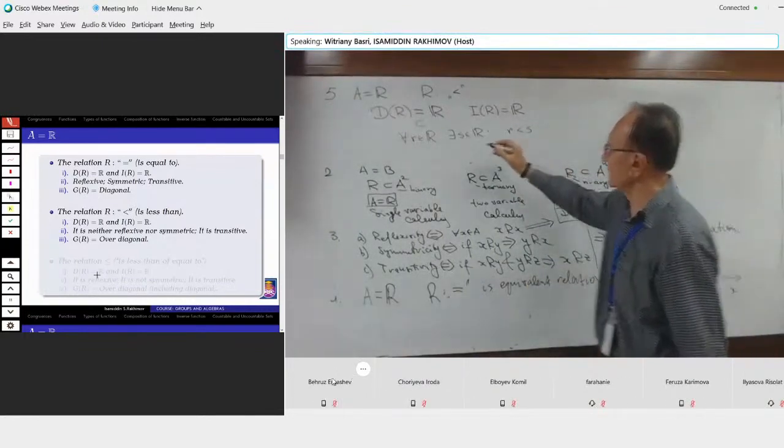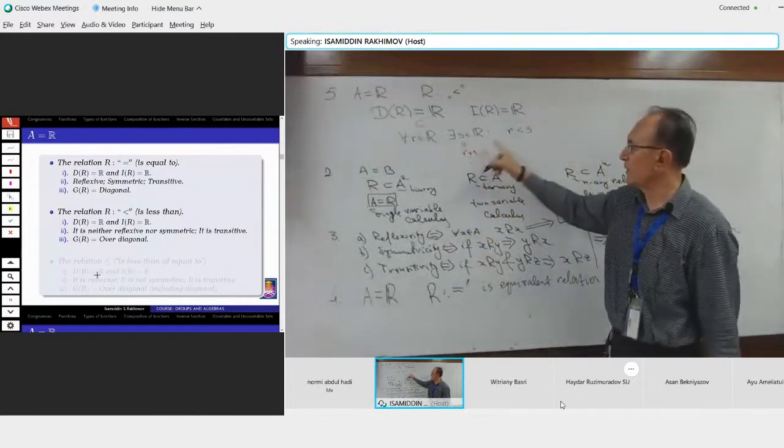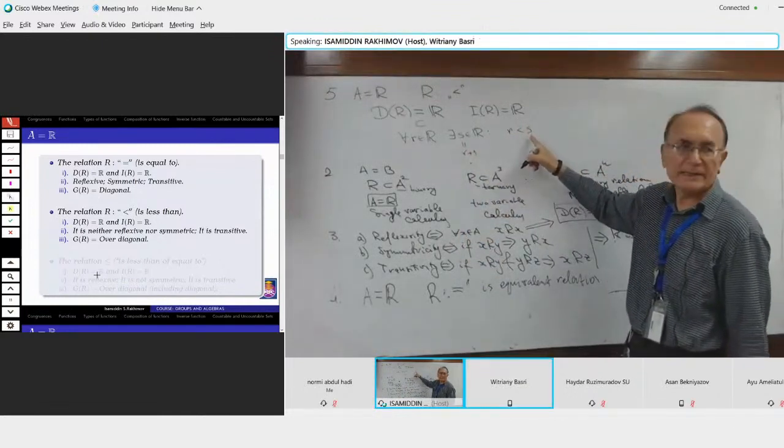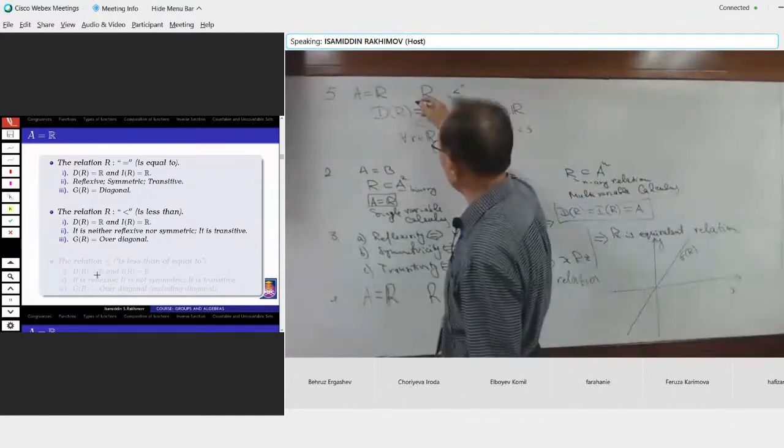Clearly I will take s as r plus 1. If I take r plus 1, then r will be less than r plus 1. So that means I have this inclusion.